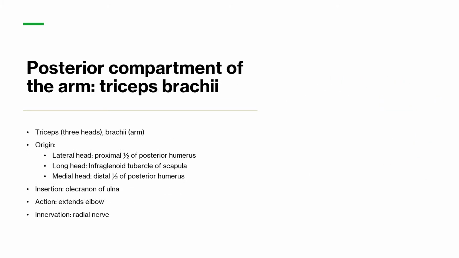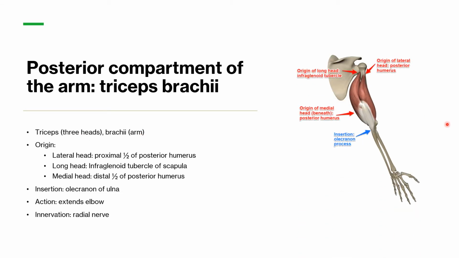Posterior compartment of the arm, triceps brachii. Triceps meaning you got three heads. Brachii, arm. Origin. The lateral head originates on the posterior humerus. The long head actually originates on the scapula, the infraglenoid tubercle to be exact.